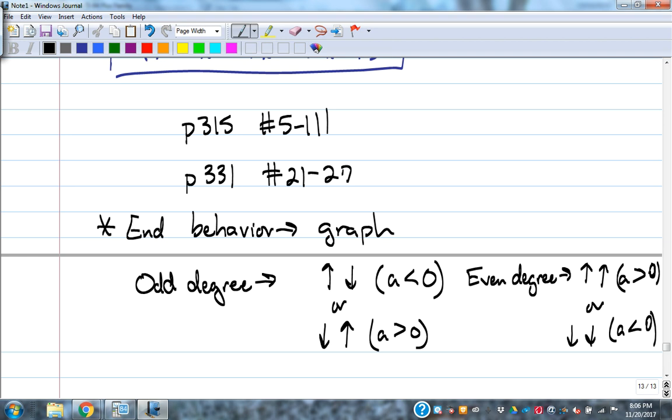Even degree follows the same rule as quadratics did when we did which way does it open. The leading coefficient, if it's positive, it opens up. If it's negative, it opens down. The even degree follows the same as a quadratic does, because quadratics have even degree because they're x squared. Even degree means highest exponent's a 2, a 4, a 6, 8, 24, anything.